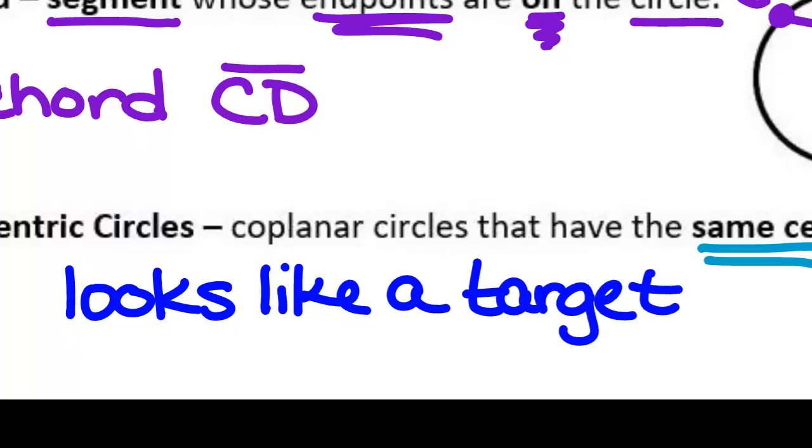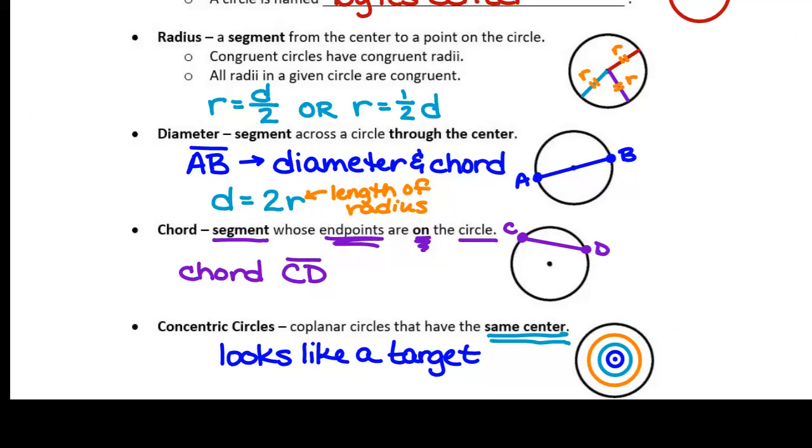Same center, but different radii. All right. Let's see if we can use some of this vocabulary now and apply it to answer some questions about circles down at the bottom of the page.